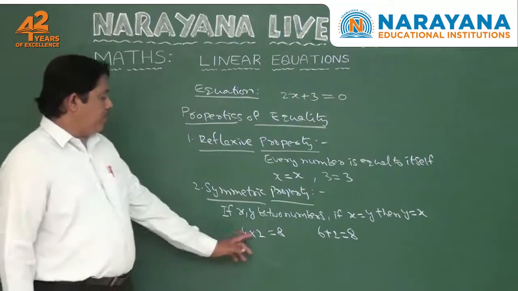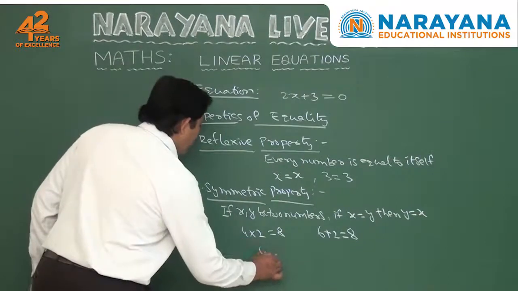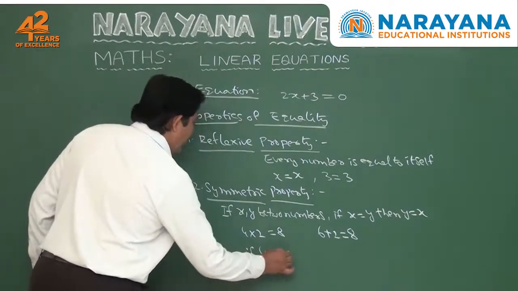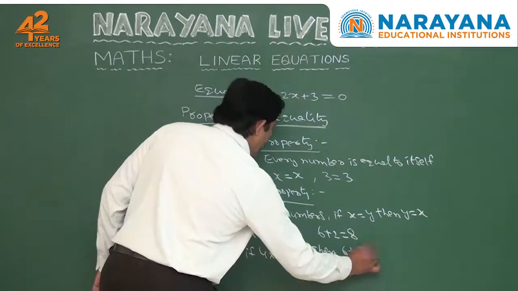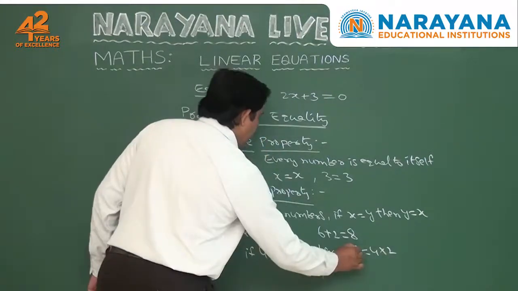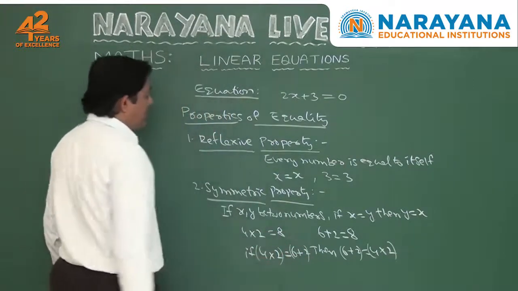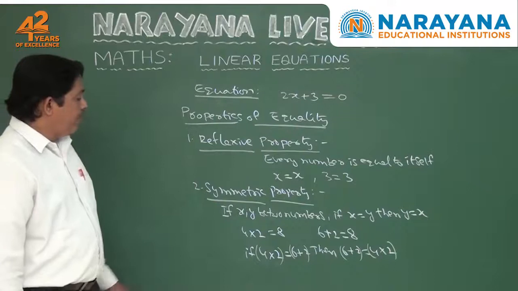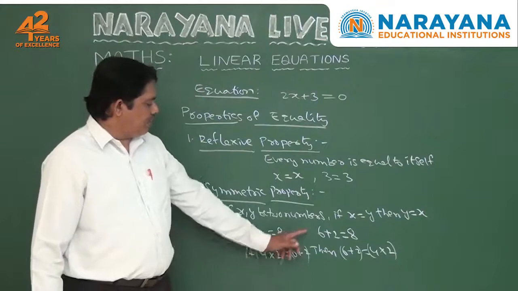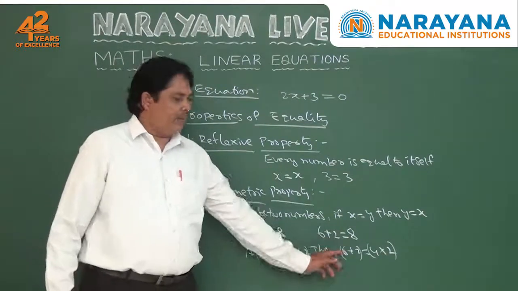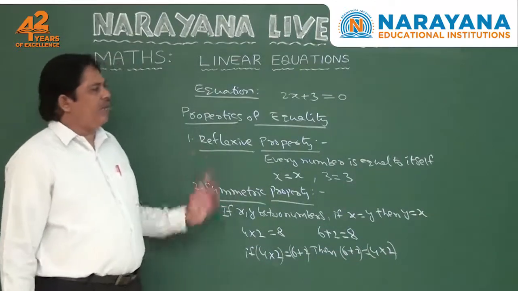So if 4 into 2 equal to 6 plus 2, then 6 plus 2 equal to 4 into 2. When we write it this way, it is called the symmetric property. For any two numbers x, y, if the first number is equal to the second, then the second number is also equal to the first.